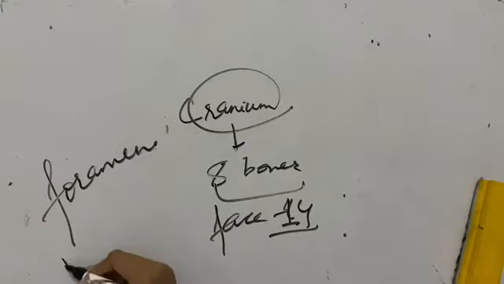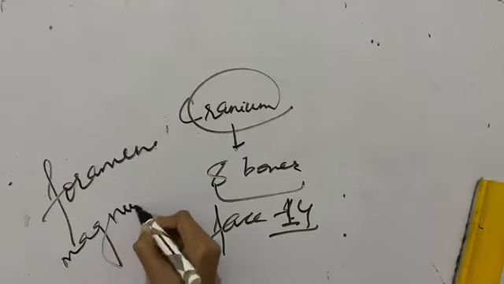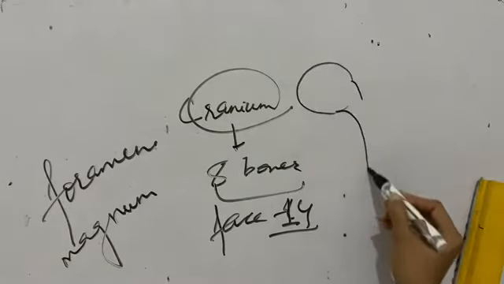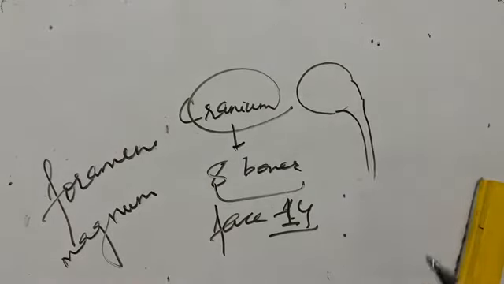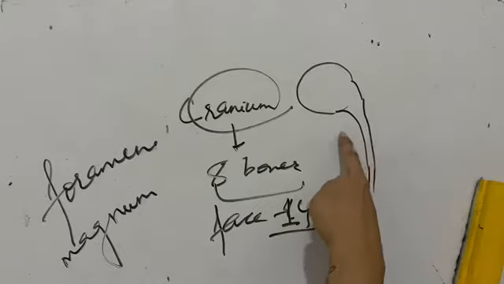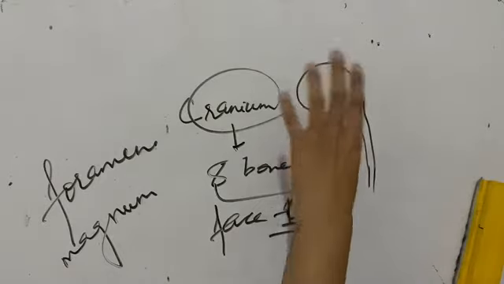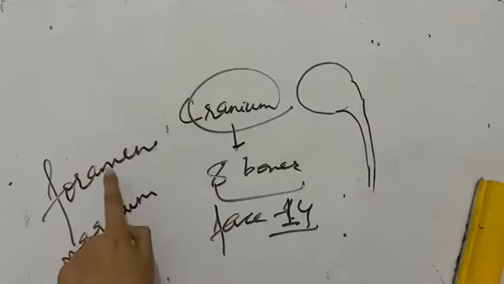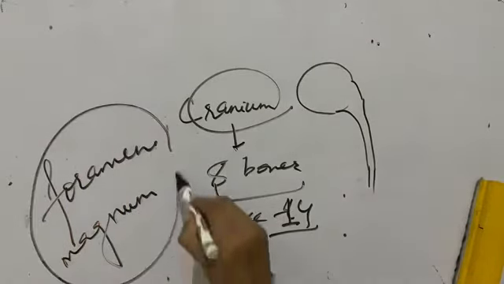From the brain arises the spinal cord, right? This is the brain, this is the spinal cord. So when the spinal cord has to come out of the region of the skull, it comes out through this opening which is present in the cranium, which is known as foramen magnum.